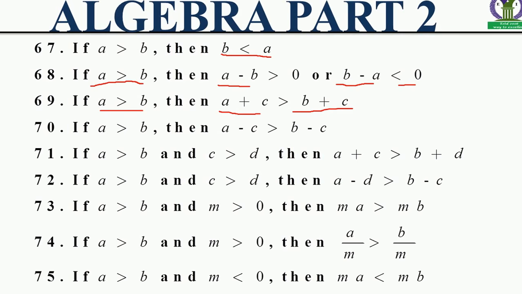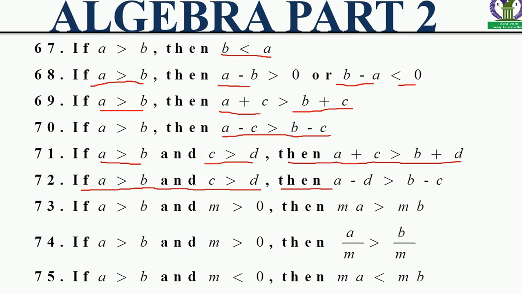If a is greater than b, then a minus c is greater than b minus c. If a is greater than b and c is greater than d, then a plus c is greater than b plus d. If a is greater than b and c is greater than d, then a minus d is greater than b minus c.